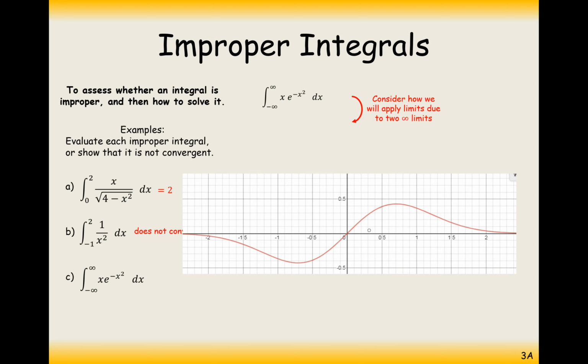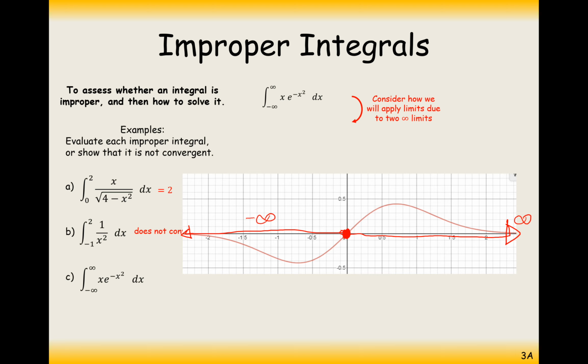Now, what I'm going to be doing is splitting this integral into two different integrations. I'm going to be splitting it at 0 and then working out the integration up to infinity on the right hand side, and then from 0 down to minus infinity on the left hand side. And I'll add these two integrals together, and then we've got the whole range from minus infinity to infinity.